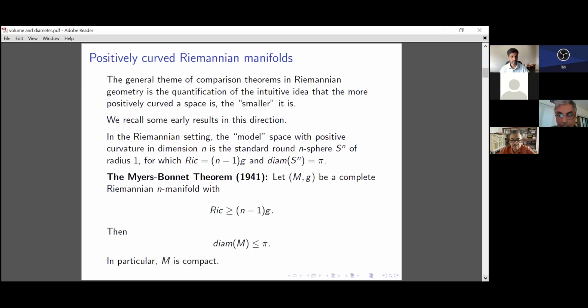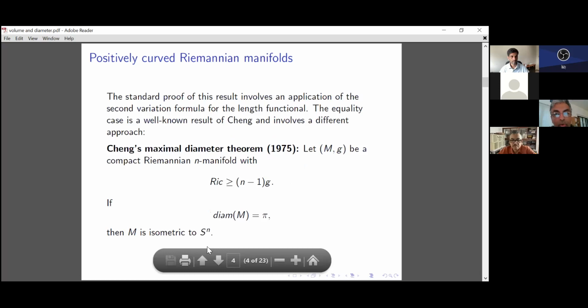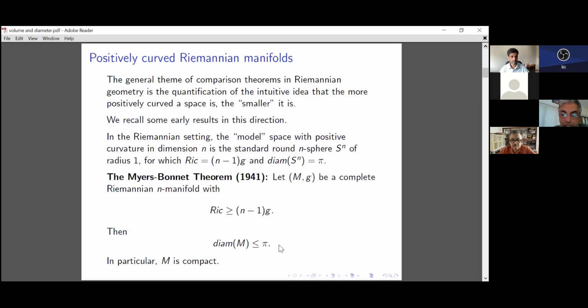This is one of the things one learns in a first course in Riemannian geometry. The standard proof involves an application of the second variation formula for the length functional, and it's quite straightforward. Interestingly, that proof doesn't tell us what happens if the diameter is actually equal to pi.